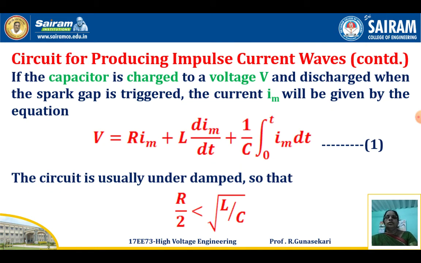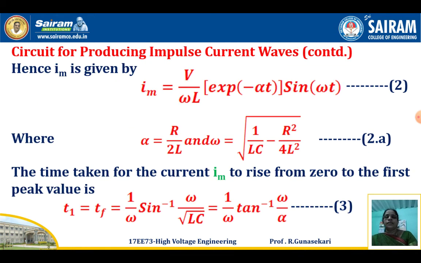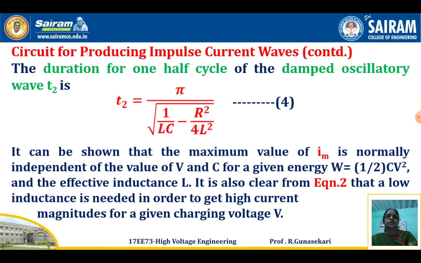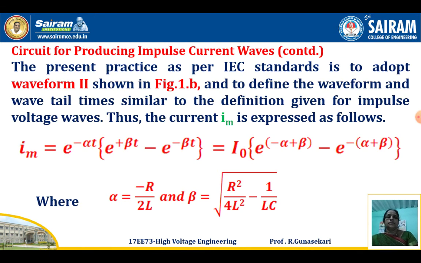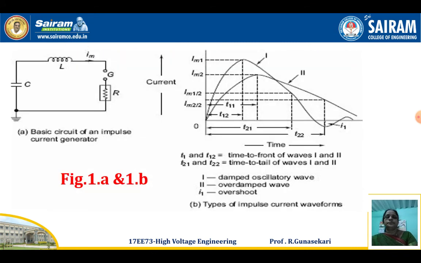Now you see the diagram, then you can study the equations. This is the basic circuit diagram of the impulse current generator and the impulse current waveforms. Figure A, basic circuit: R, L, C are all connected in series.